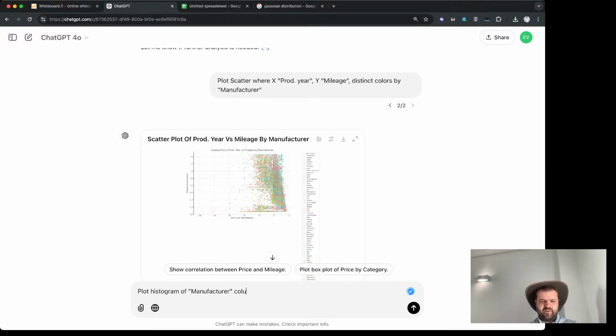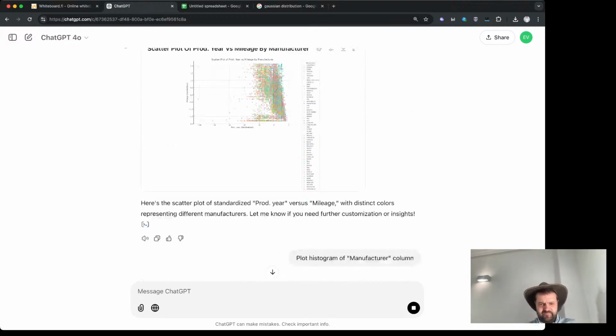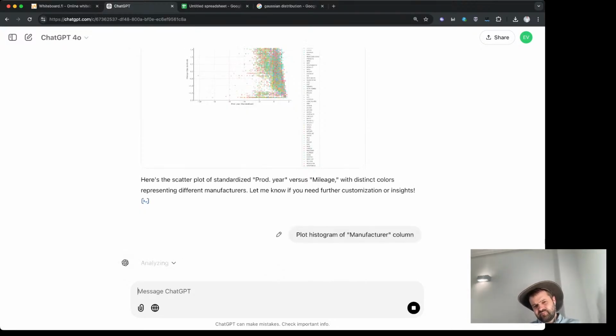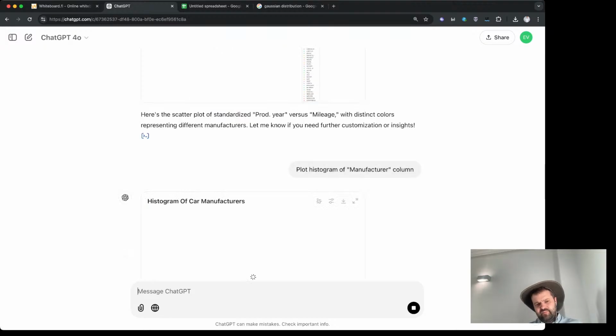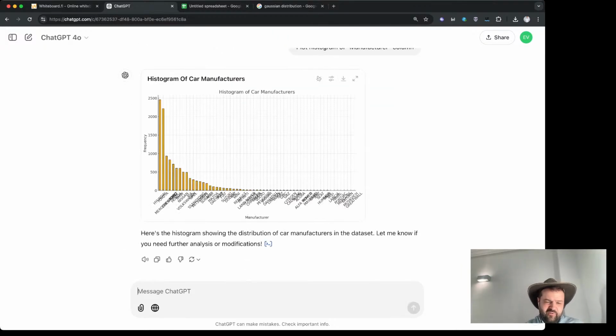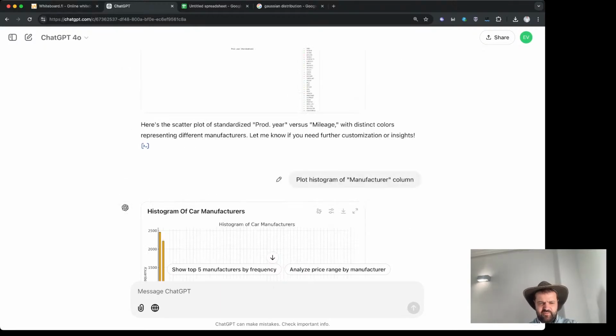So how many cars by brand I have here. Let's see. Okay, most of the cars are Hyundai, then there is Toyota, and so on. This is maybe not the best way to plot it. I can also plot it as a pie chart or some other chart. So plot pie chart of manufacturer.